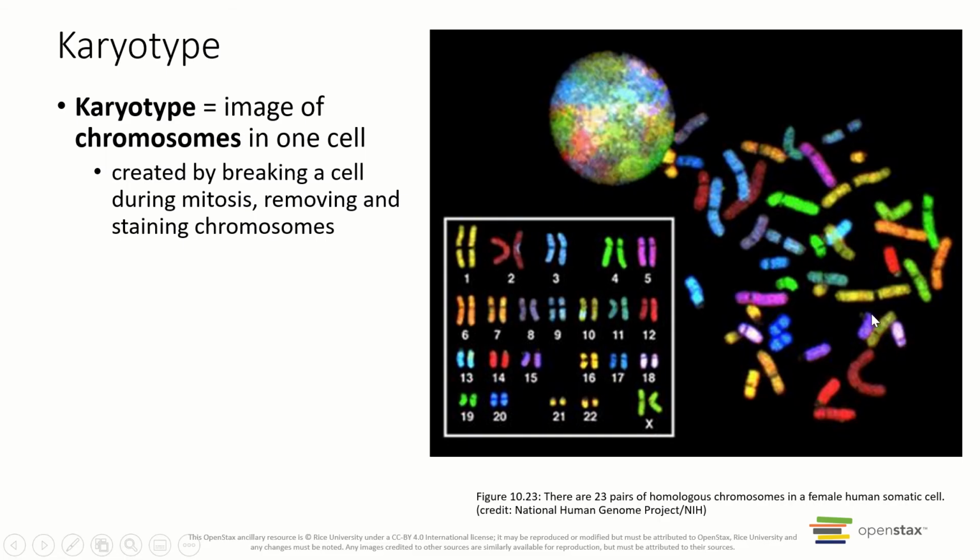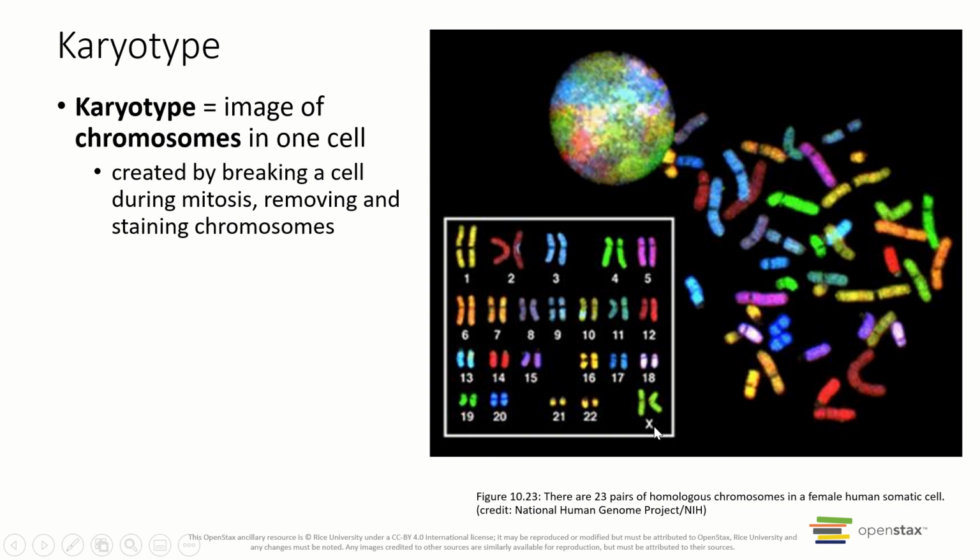Once we get ready to do mitosis, they condense. And when they're condensed, we can actually isolate them from a cell, stain them in different colors, organize them and take a picture of all of them. And this is called a karyotype. A karyotype is an image of all the chromosomes in a single cell. This is a human cell, and humans have 23 pairs of chromosomes, numbered 1 through 22, and then the XY.